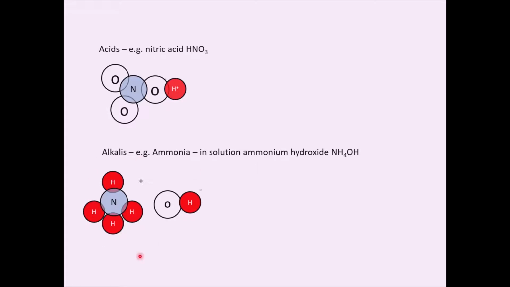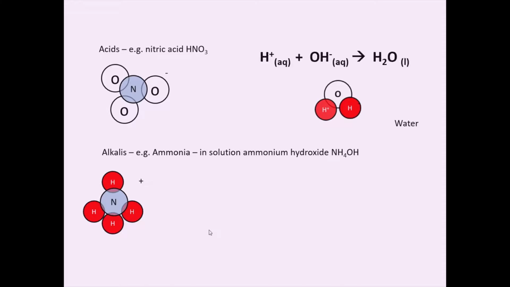So there's our ammonium hydroxide. And this is why ammonia is an alkali, because it's got an OH minus. So when we put it into water, the nitric acid gives off the H plus, the ammonium hydroxide gives off the OH minus. So the first part is exactly the same as before, water, H plus plus OH minus giving us H2O.